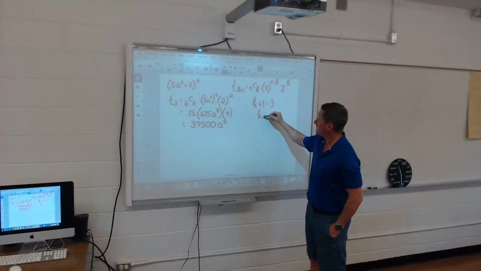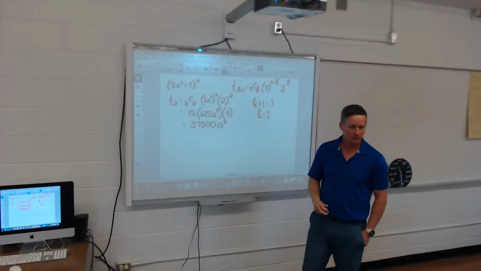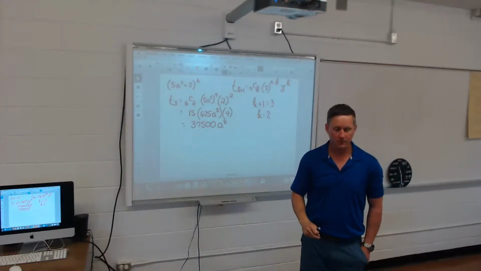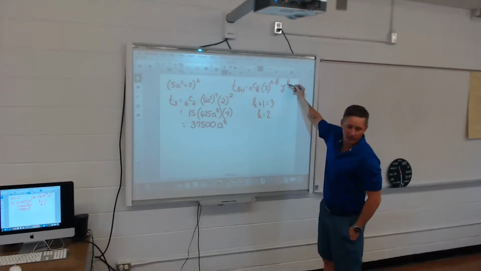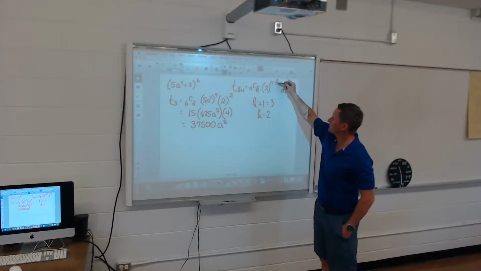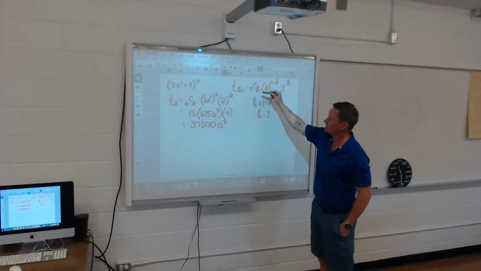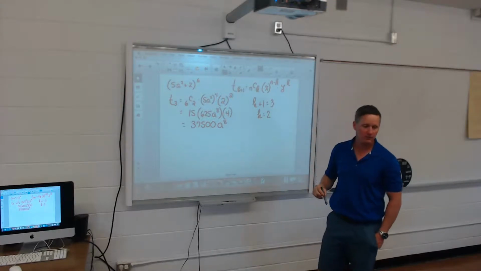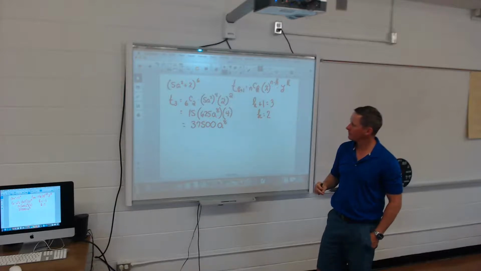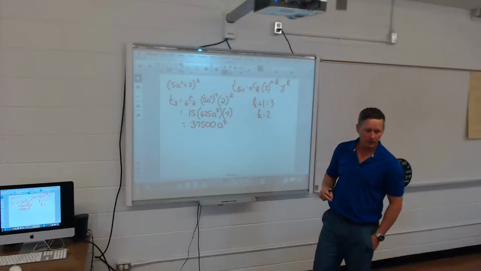That means that my k value is 2. And then I substitute it in here. So that becomes 2 here. This is 6 subtract 2. That's 6C2. So n subtract 2, that's 4 there, and then 2, so that's 4.